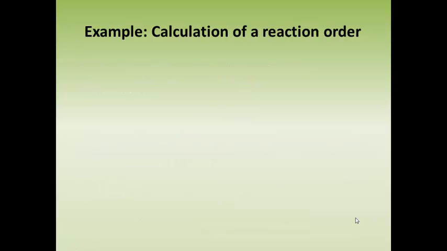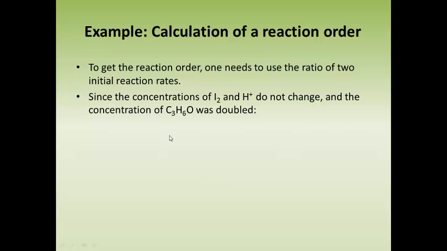Now the next calculation we'll look at is the calculation of a reaction order by taking the ratio of two measured rates. Since concentrations of iodine and H+ don't change, and the concentration of acetone was doubled, we don't need to worry right now about the order with respect to iodine or hydrogen.